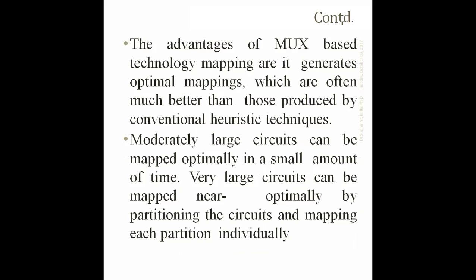This MUX is used purely for selection purposes. The advantages of MUX based technology mapping are that it guarantees optimal mapping, which is often much better than that produced by the conventional hierarchical technology. Moderately large circuits can be mapped optimally in a small amount of time. Very large circuits can be mapped near optimally by partitioning the circuit and mapping each portion individually.